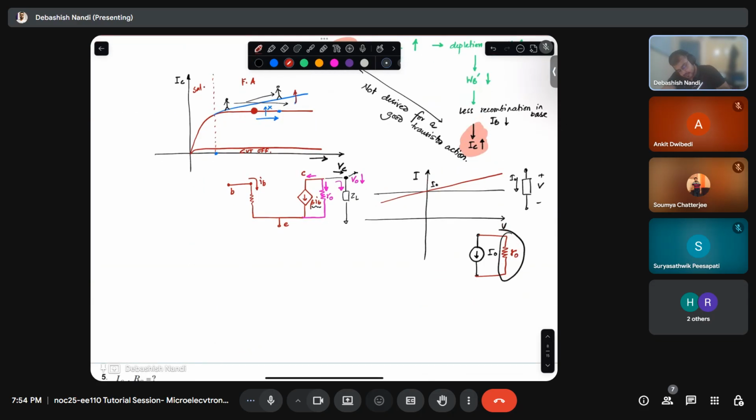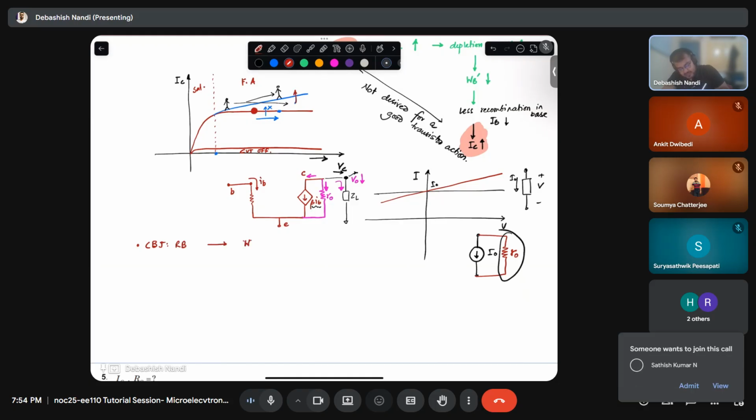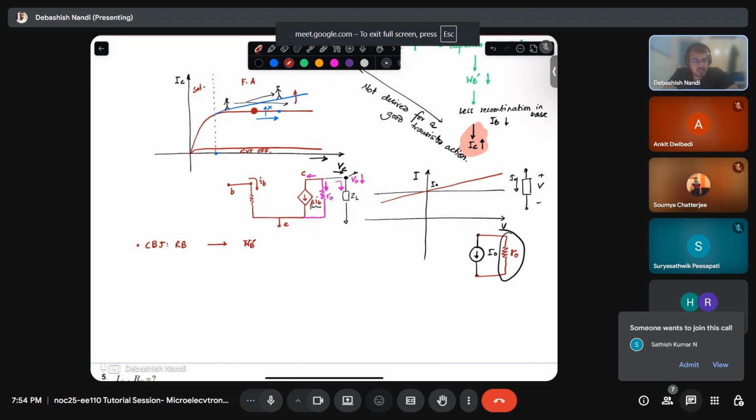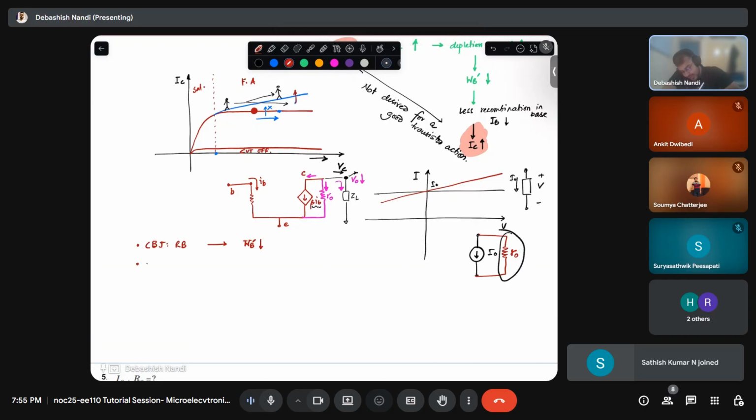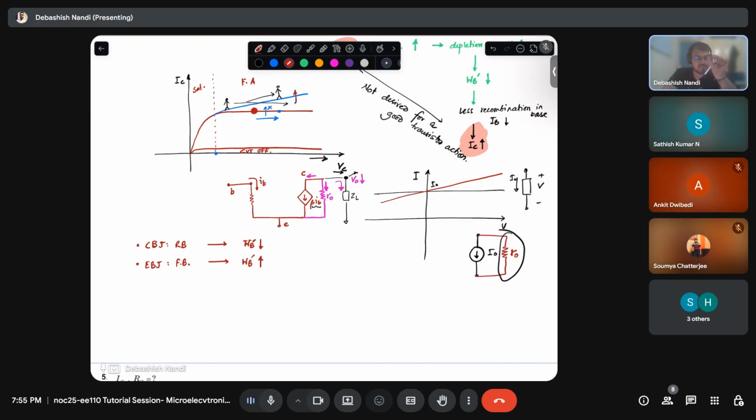The question is, your CBJ is reverse biased, right? If CBJ is reverse biased, it is reducing your WB dash. However, I have another thing, EBJ, that is forward biased. So that is making WB dash greater by reducing the depletion width at the EBJ junction. Can anyone comment? What is the issue here?